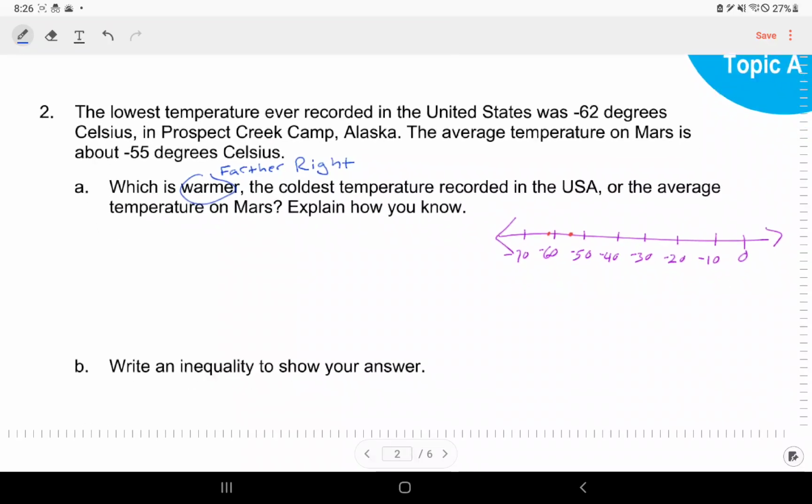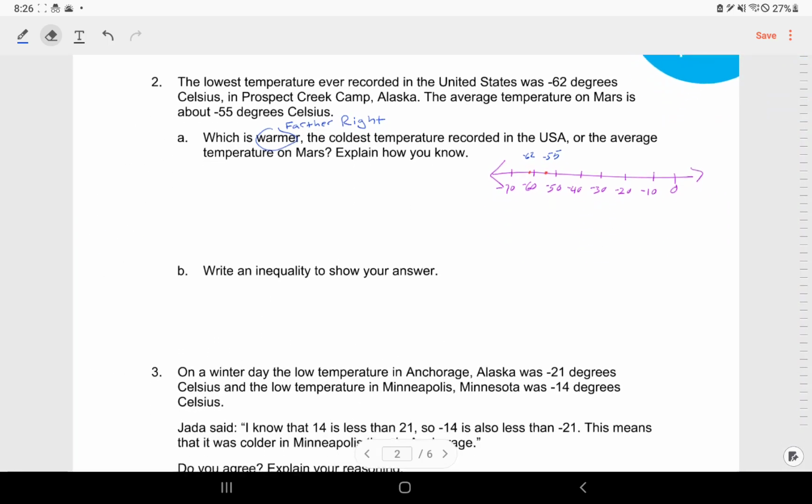And so, negative 55 is farther right, and so let me fix this. I'm in the dead spot on my tablet.